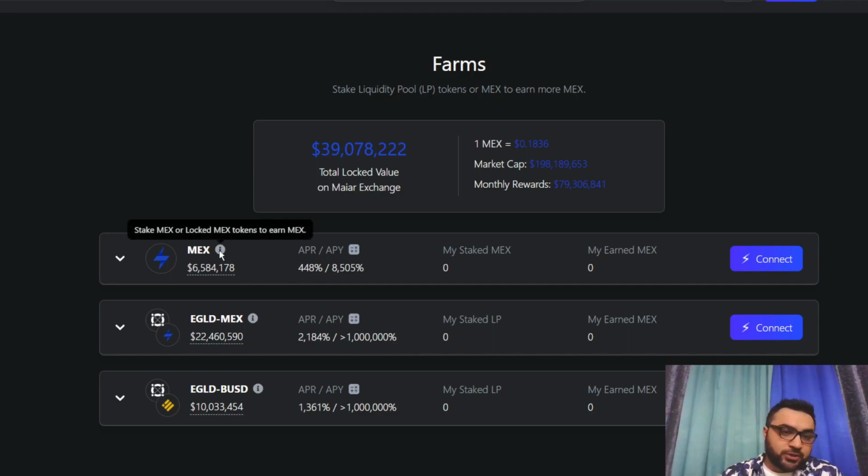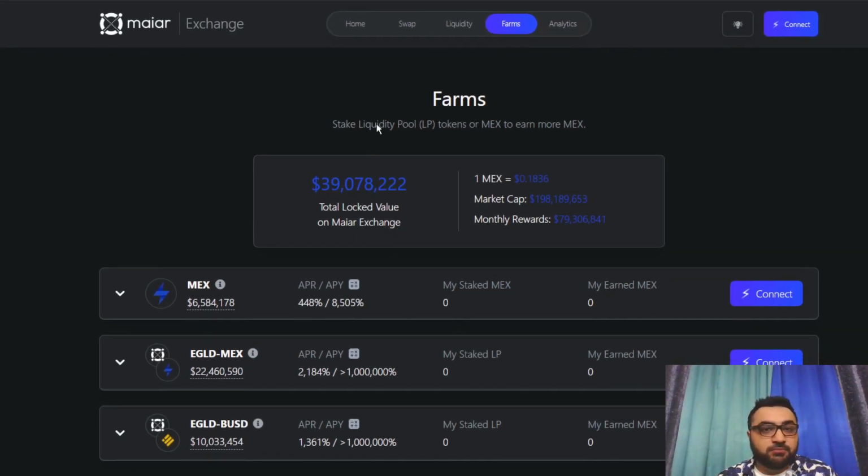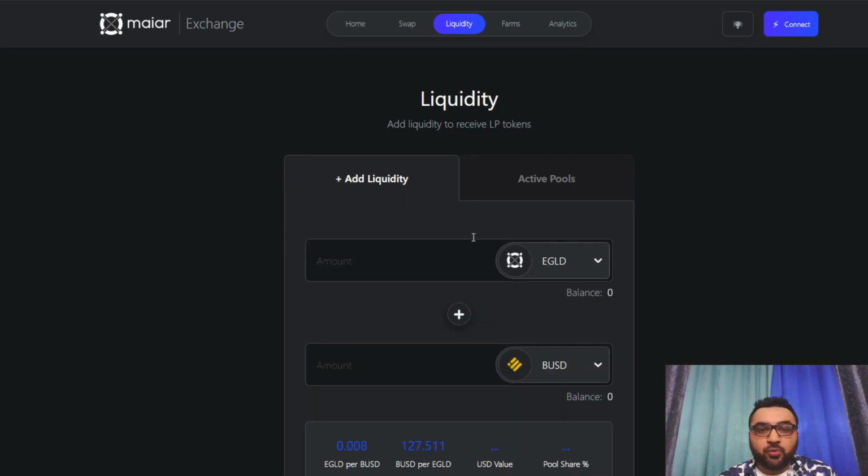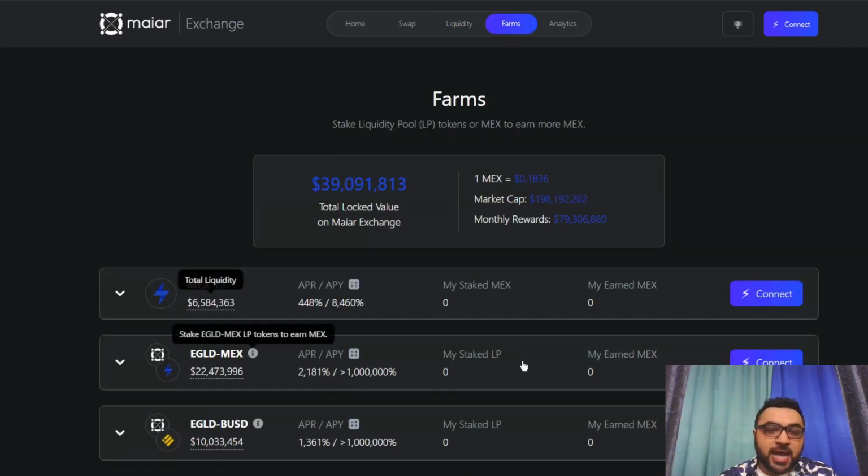And then you can also stake your MEX and earn APY on it. So that's farms. You can add in the simple MEX token or add in liquidity from here. You can receive liquidity tokens by providing these exact pairs. Then you can come in here to farms, connect your wallet, add in your respective LP token, and you can earn APY on it.